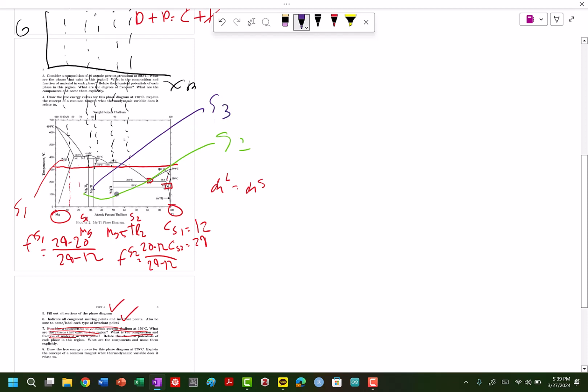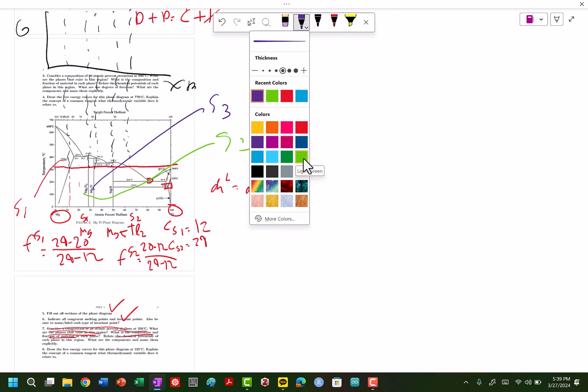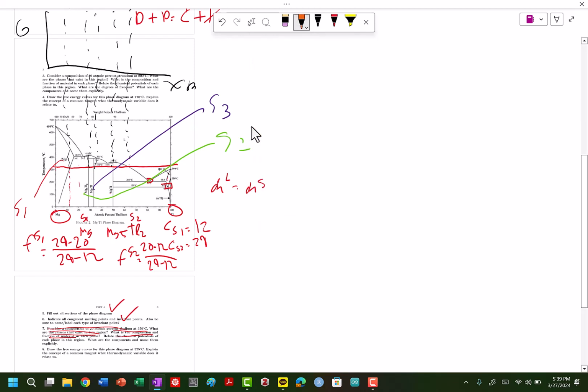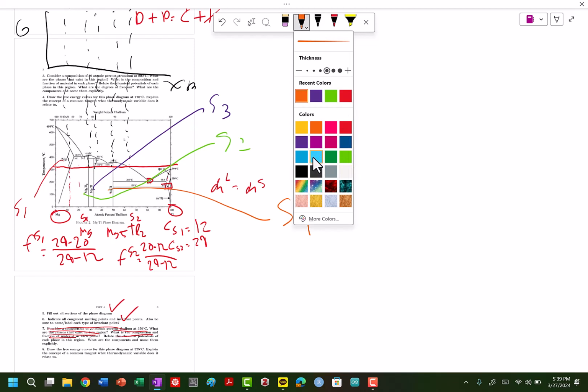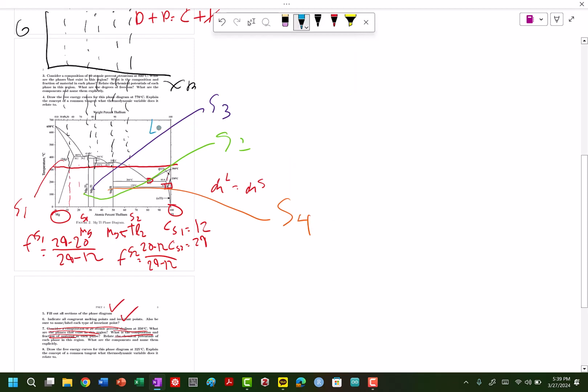And then I'm going to call this S4, the orange one. And then we've got liquid here. So this will be liquid.